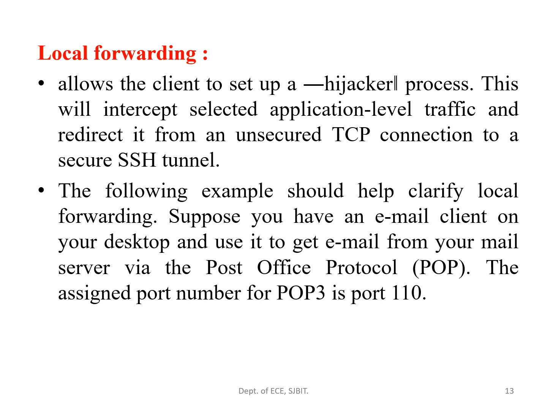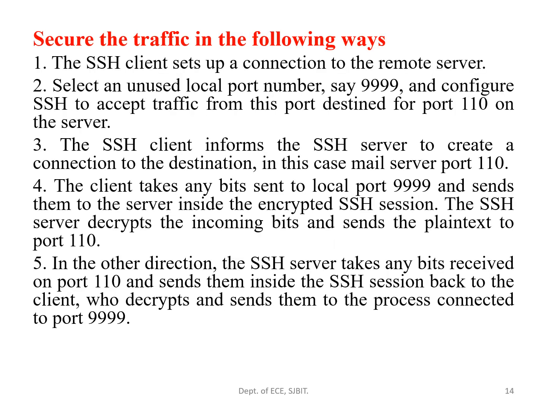Consider an example that should help clarify local forwarding. Suppose you have an email client on your desktop and use it to get email from your mail server via the Post Office Protocol, POP. The assigned port number is 110 for POP3.